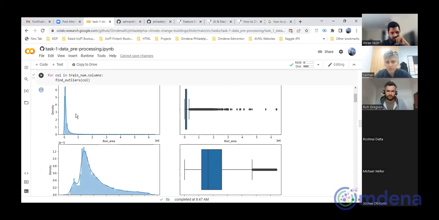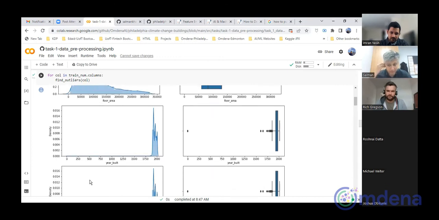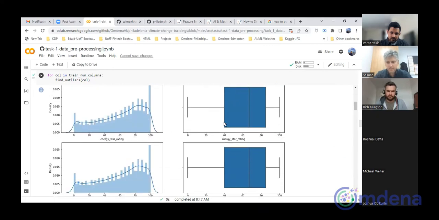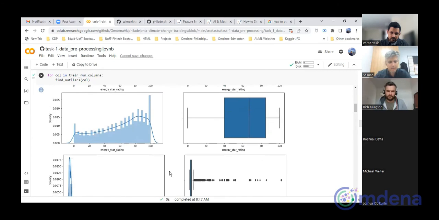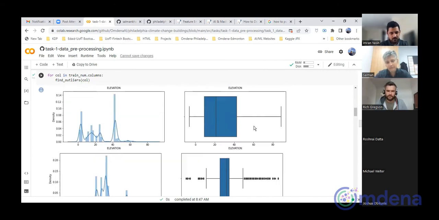The original distribution was something like this, and this is the box and whisker plot. When I applied the outlier detection, I was able to drop a lot of values, and you can see the distribution became a bit more normal. Next is year built. It is a similar story; we were not able to drop a lot of things because they were within that interquartile range. Similar to this one, it did not have a lot of outliers, but in this one you can see it was able to drop a lot of values.